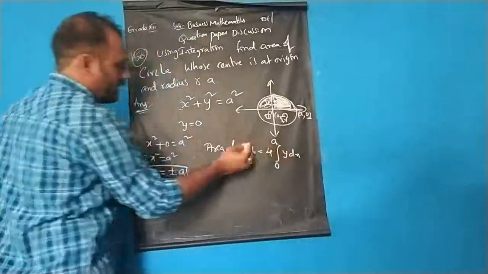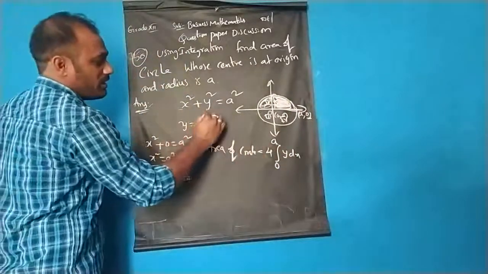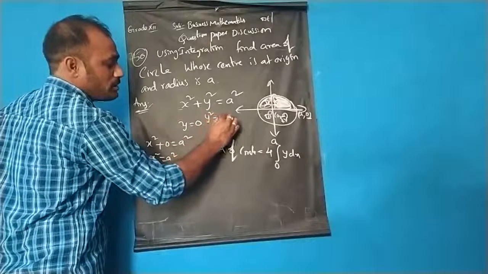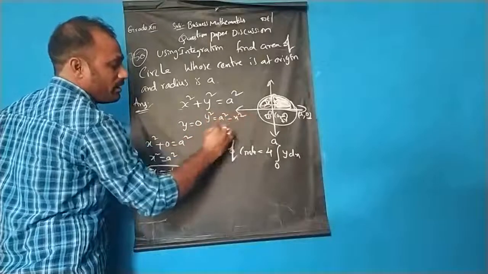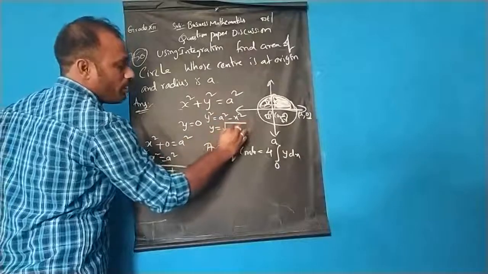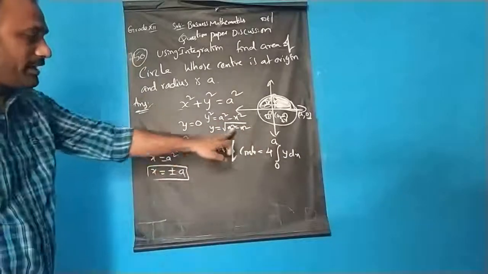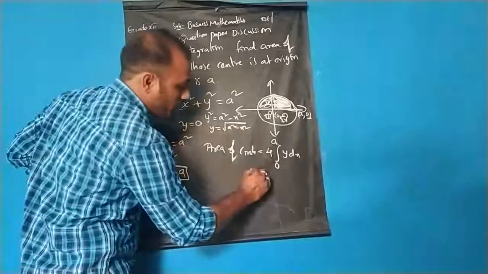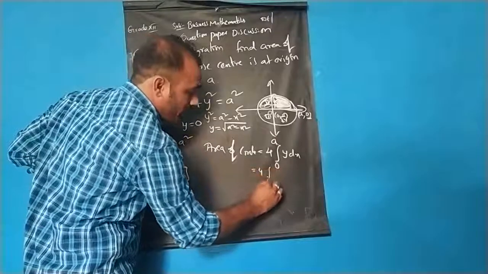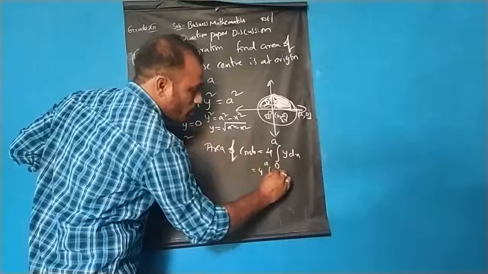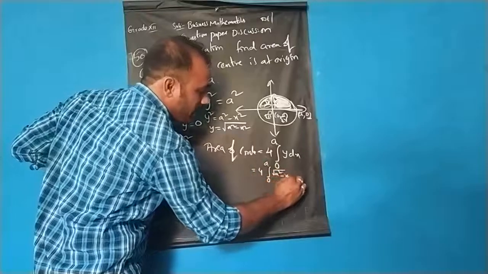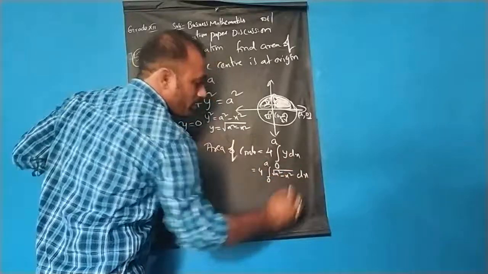Transposing, y square is equal to a square minus x square, so y is equal to root of a square minus x square. In place of y I can write root of a square minus x square, that is 4 integral 0 to a of root of a square minus x square dx.